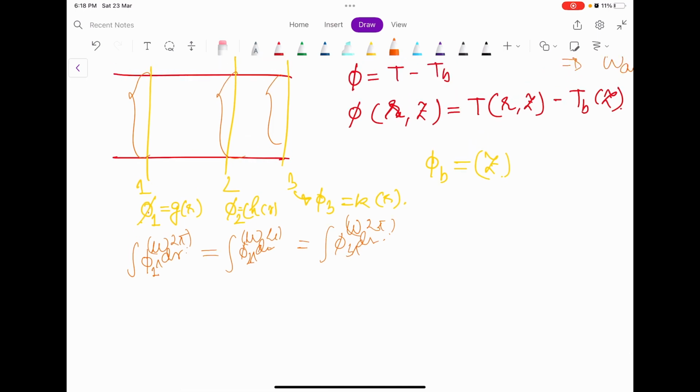So this phi b is the averaged quantity over r. Okay, so I got the analogy.